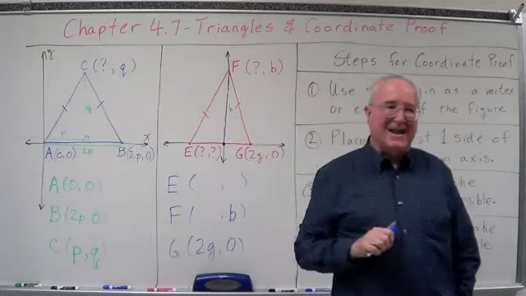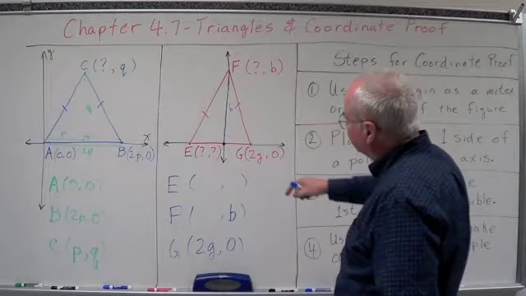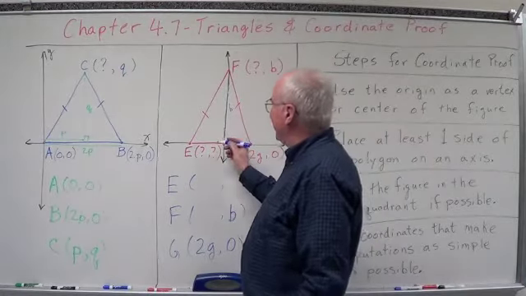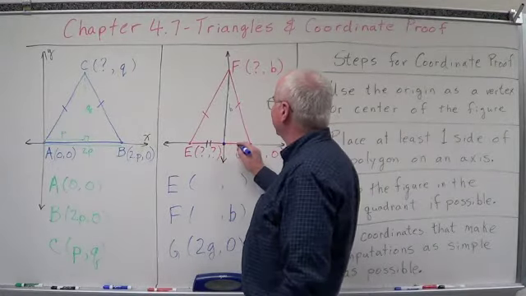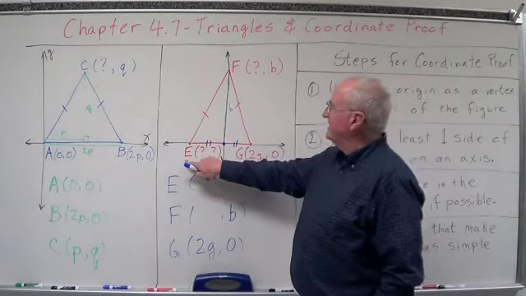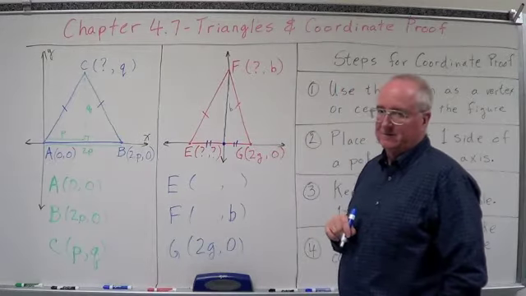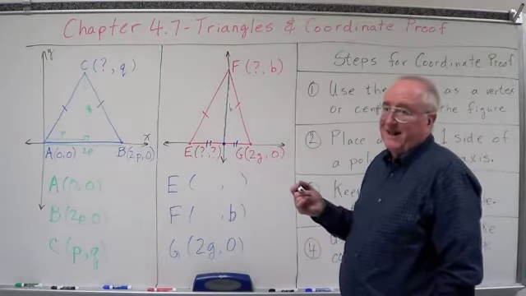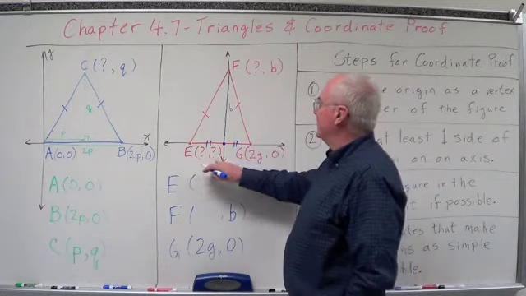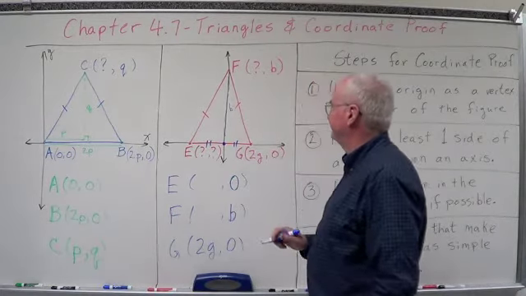Alright? Well, what do we know about this base? The y-axis acts as a perpendicular bisector from the vertex angle to the base, doesn't it? That simply means that this is going to be equal to that, isn't it? Where is E? How far away from the x-axis is it? It's not away from the x-axis. So what is our y going to be here? That's going to be 0, isn't it?